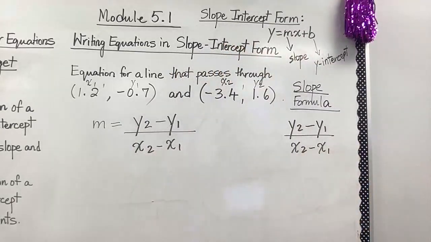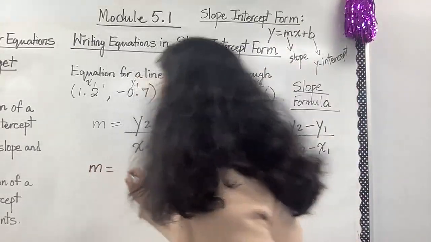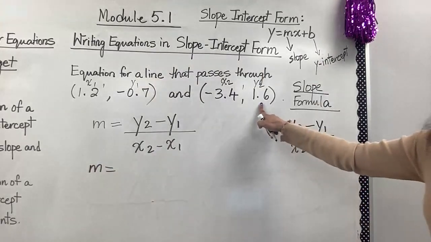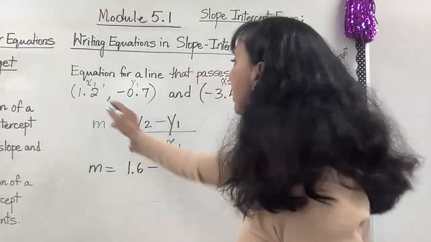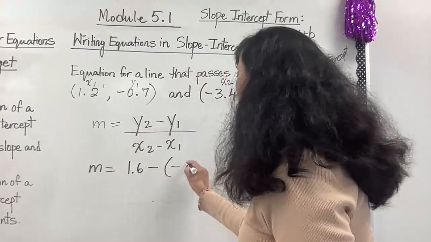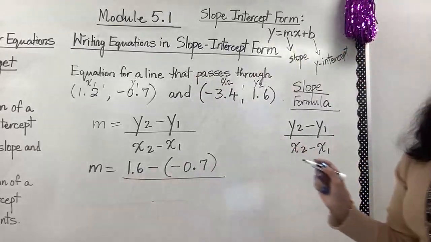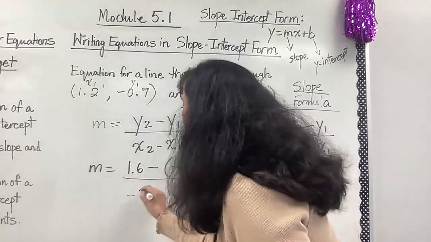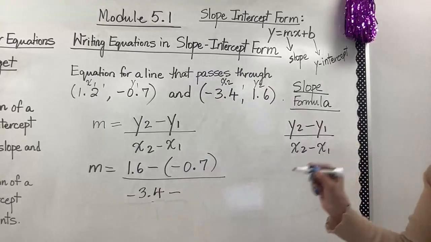So now we are going to substitute the values, and slope is equal to, what is y2? y2 is 1 6/10, 1 6/10 minus negative 7/10 over, what is x2, which is negative 3 4/10 minus 1 2/10.